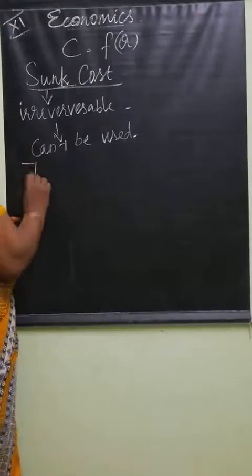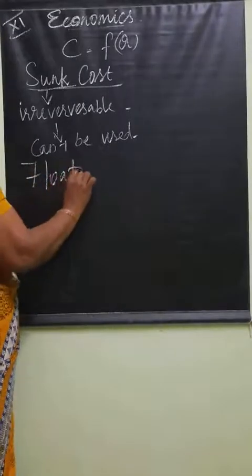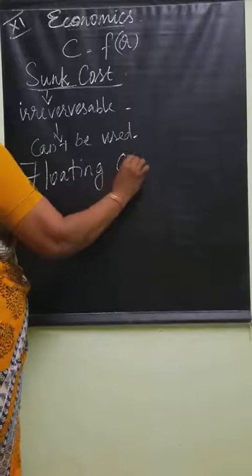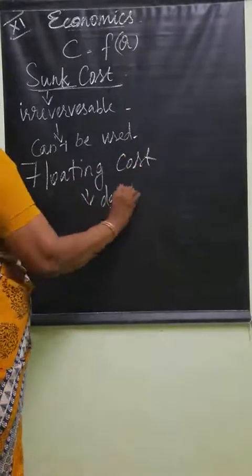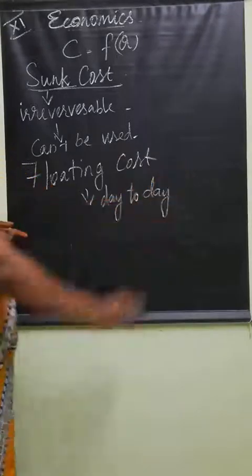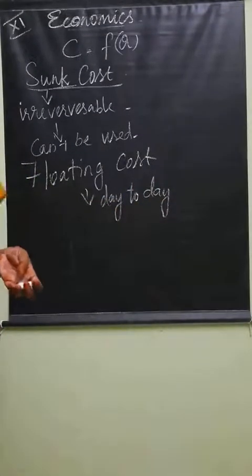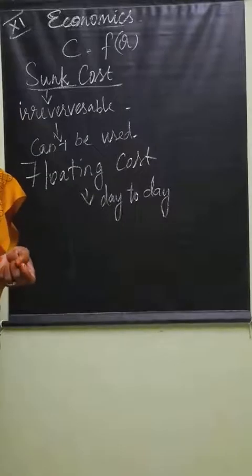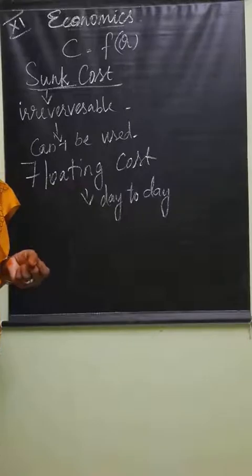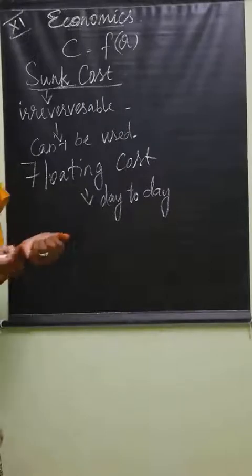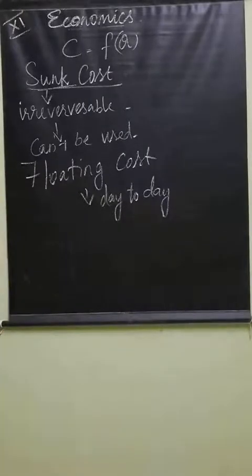And the next one is floating cost. Floating means day-to-day expenses. For example, giving daily wages, purchasing snacks and refreshment items. Those are all called floating cost.